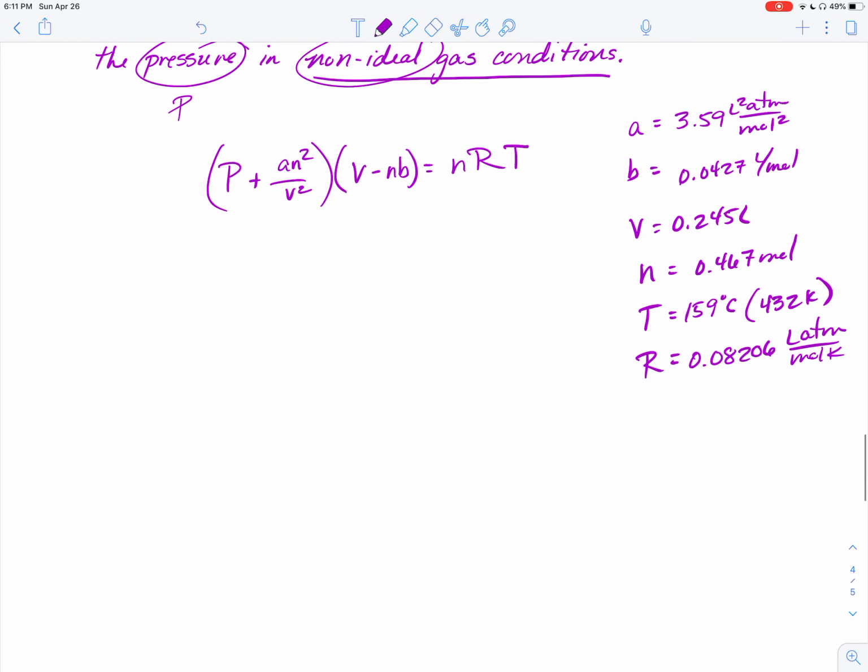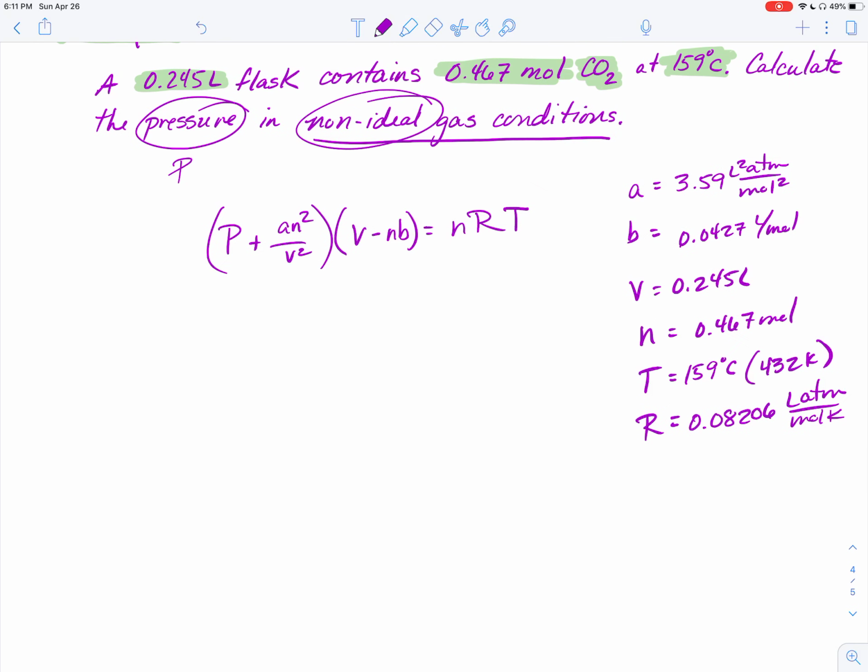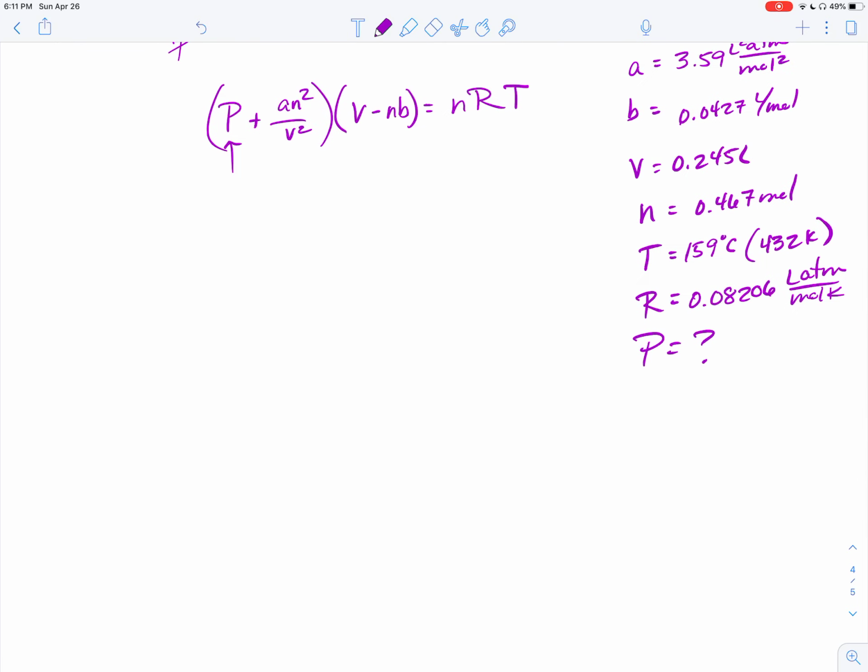So I will say that plugging all of these numbers in with the units into this particular equation takes quite a bit of space. So I suggest you start as far over to the left as you can. And how do you know what we're solving for? What's the pressure? So that P value here, that's what we're solving for. So we're going to plug everything in, and I want you to see what this looks like.